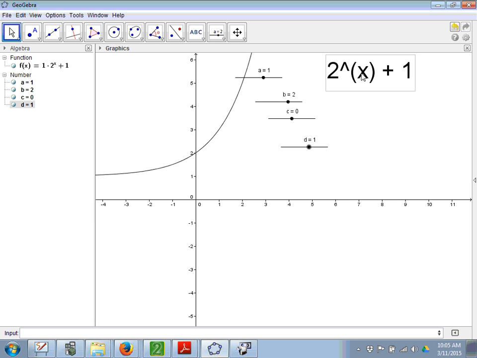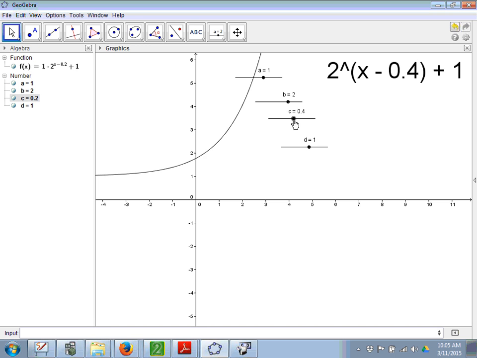Now, inside the parenthesis here, if I put a number inside the parenthesis, like x plus 2 or x minus 5, what do you think that's going to do to the graph? Going to move it right or left? So I've got x minus 2. What direction did you notice it moved the graph?